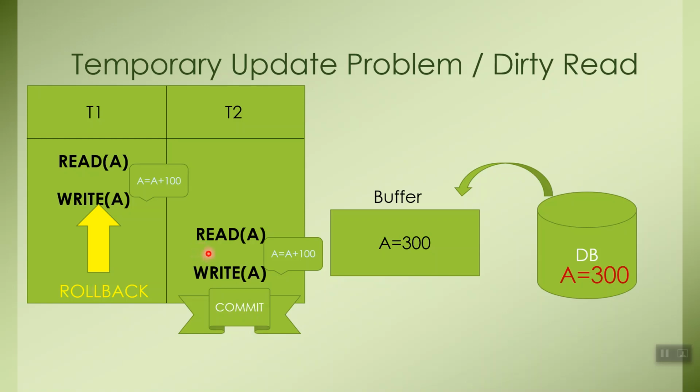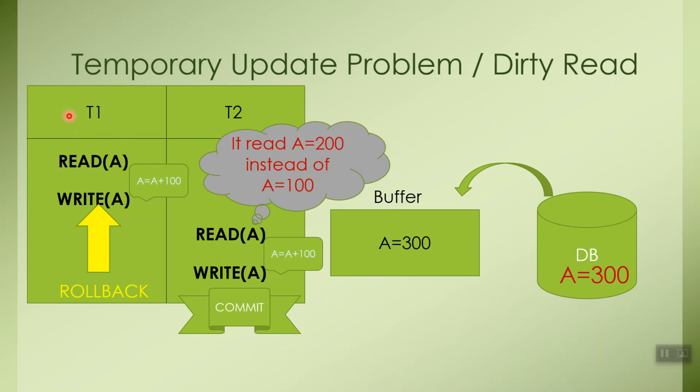So the value read by T2 is wrong now, or is a dirty value. Why? Because it has read the value of A as 200, instead of which it should have read A's value as 100. Now why are we saying it should have read the value as 100?